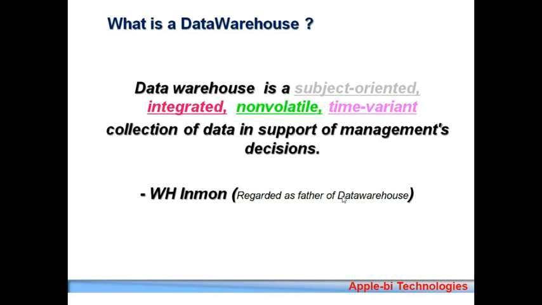This definition was given by a person called W.H. Inmon. Whenever you get into data warehousing, people will always think about two names: W.H. Inmon and Ralph Kimball. These are the pillars of data warehousing. Whatever principles, guidelines and best practices we learn and apply here are defined by these two people.